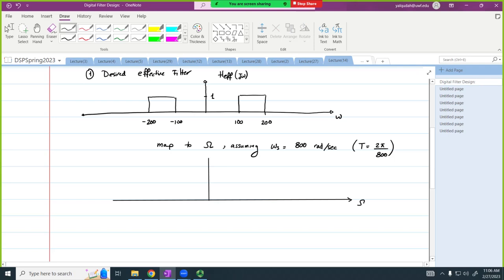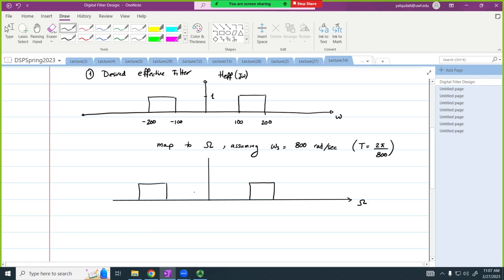So I can plot omega here. And this filter is going to look something like this. It's going to look symmetrical. And what are these frequencies going to be equal to?